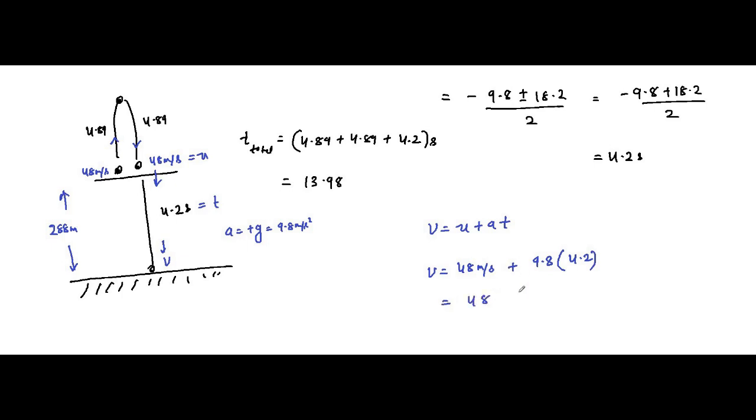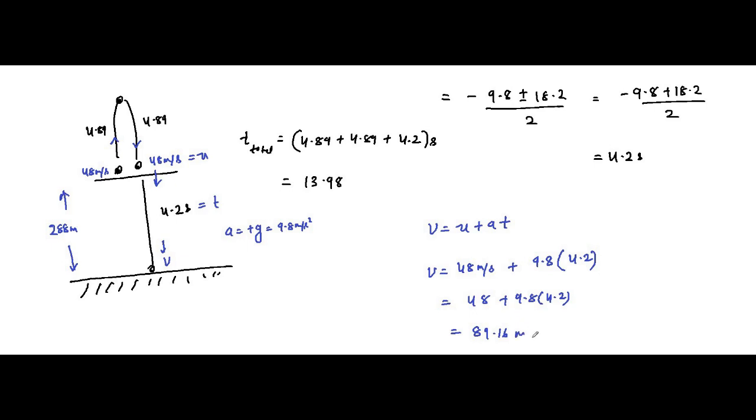So it is 48 plus 9.8 into 4.2, and that is equal to, it is coming around 89.96 meters per second.